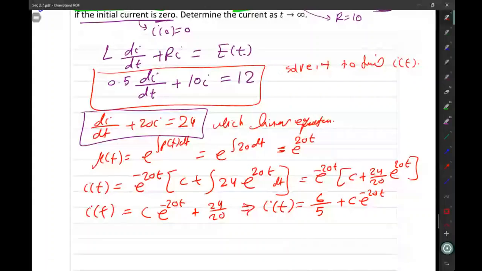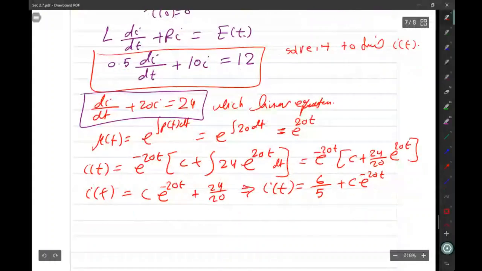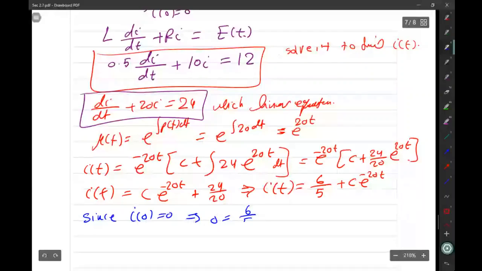Now I need to find the constant c. Since I of 0 is equal to 0, that means 0 is equal to 6 by 5 plus c times 1, that means c is equal to minus 6 by 5.